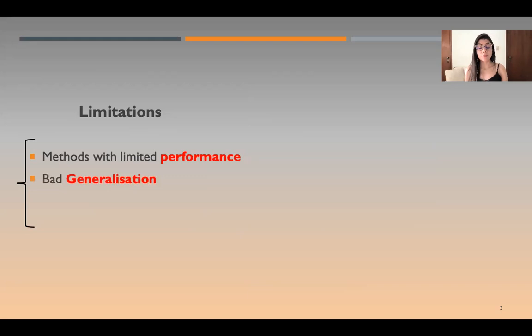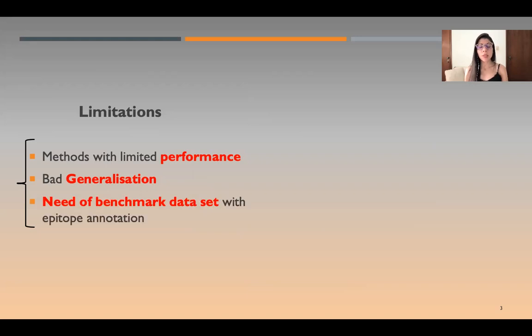Another limitation important to highlight here is generalization. We can see it when the training and the testing performance have a big gap between them. What does this mean? It means that the models aren't generalizing well to a new data set, or they are not showing the reality.